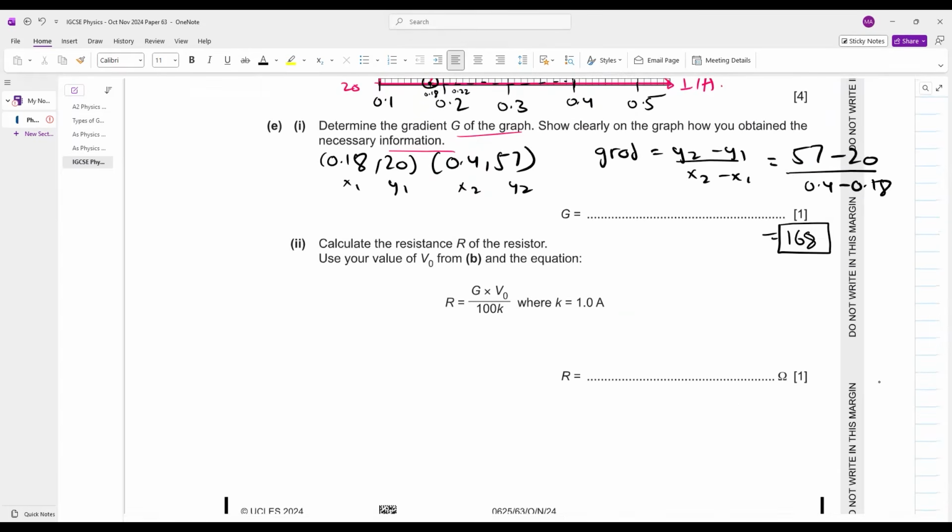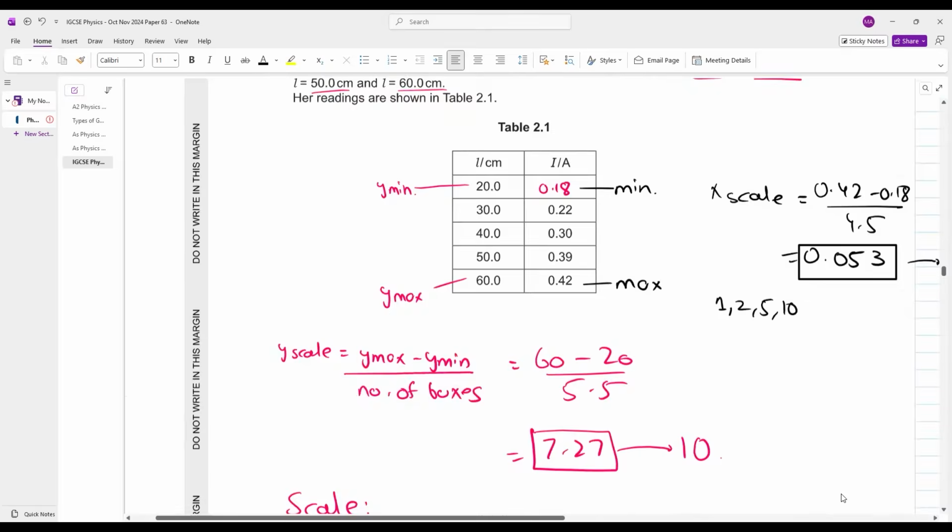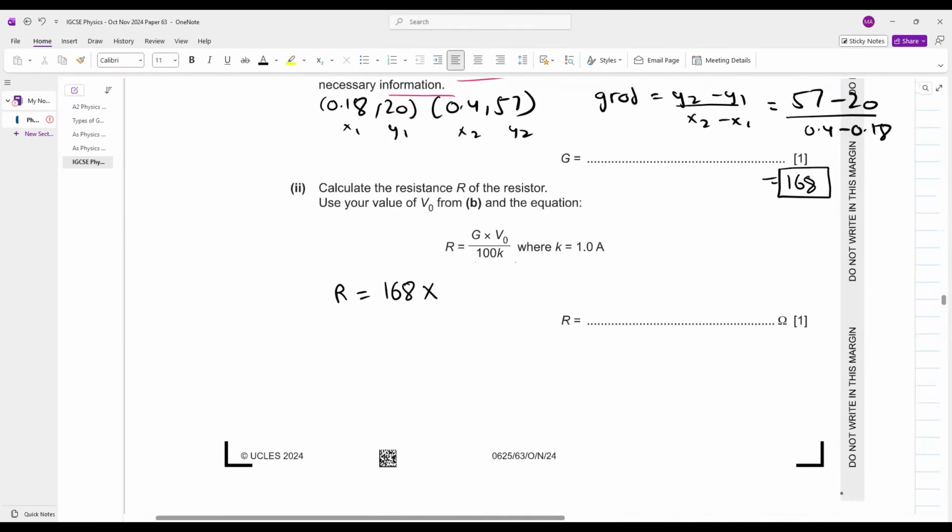Okay, you have to calculate the resistance is equal to gradient, that is 168 into the voltage. V नॉट क्या आ रहा था भाई आपका? 3.2. Okay, 3.2 divided by 100. K की वैल्यू क्या है? 1. So resistance आ जाएगी 168 into 3.2 divided by 100.